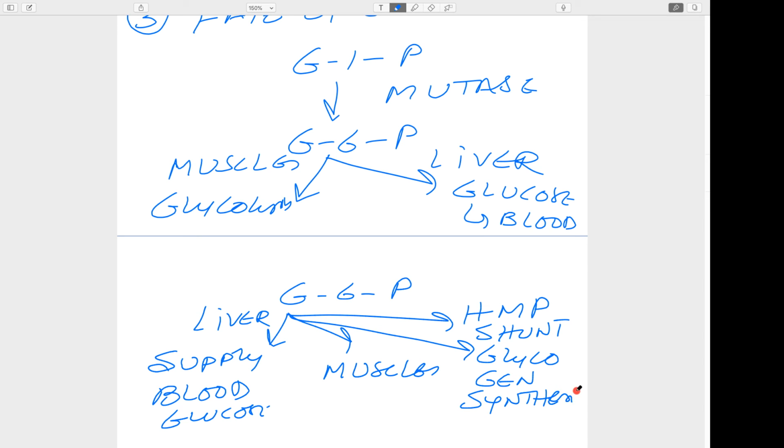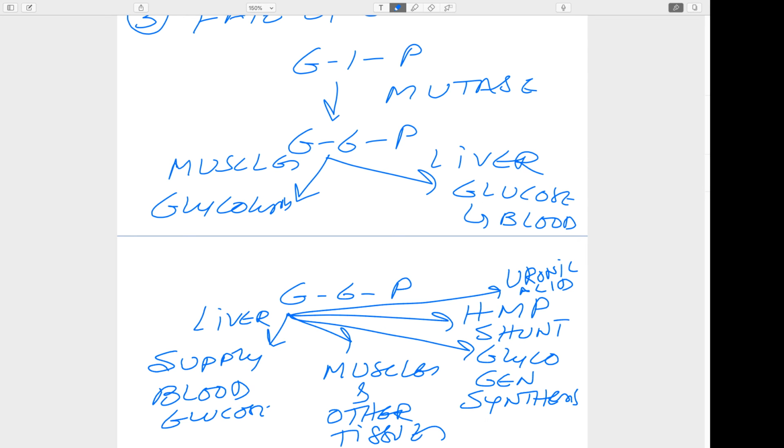It might also go to the uronic acid pathway. So there are many roles of glucose 6-phosphate: supply of glucose to the blood, and energy to the muscles and other tissues. This is the fate of glucose 6-phosphate.